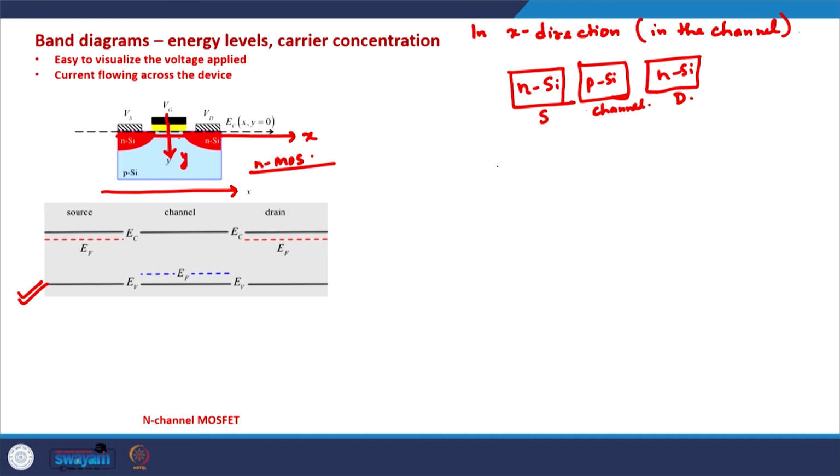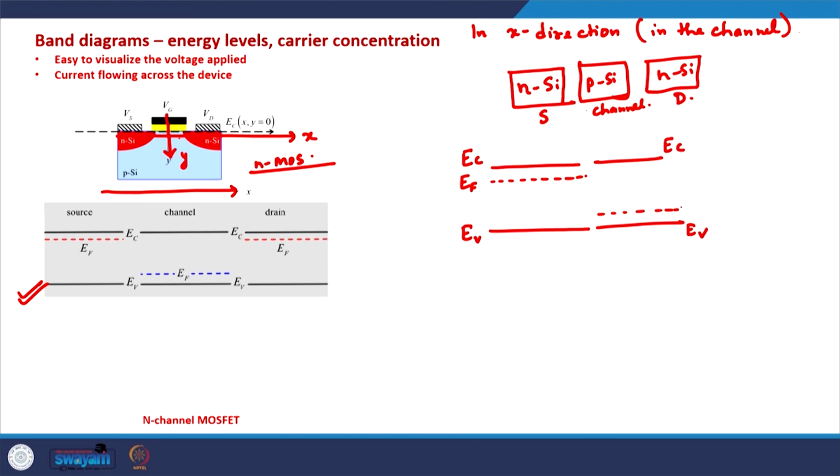And the band diagrams of these regions of the device: in n silicon, we have a conduction band edge here, the valence band edge here, and the Fermi level is quite close to the conduction band minima. In the p-type regime, we have the valence band maxima EV, the conduction band minima EC, and the Fermi level is close to the valence band maxima.